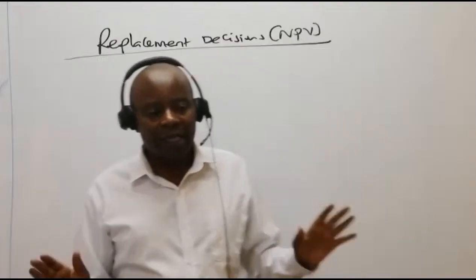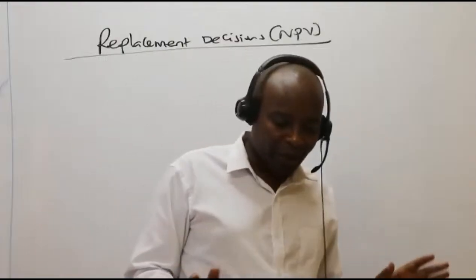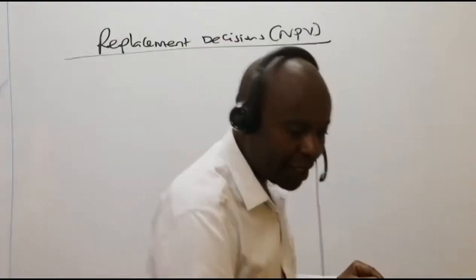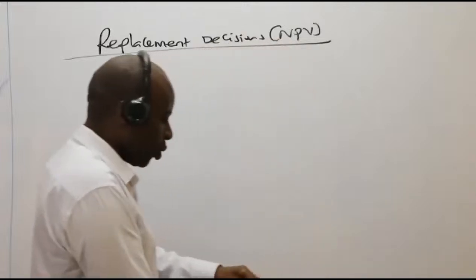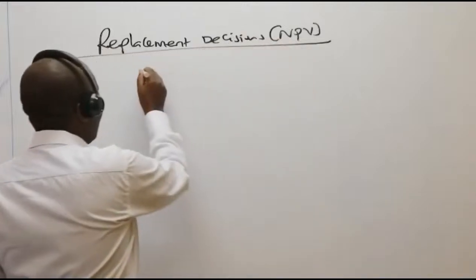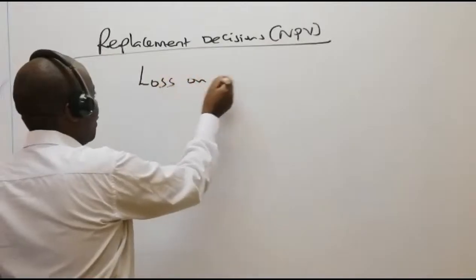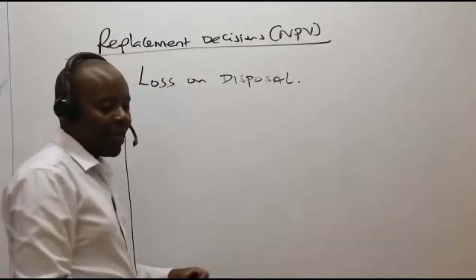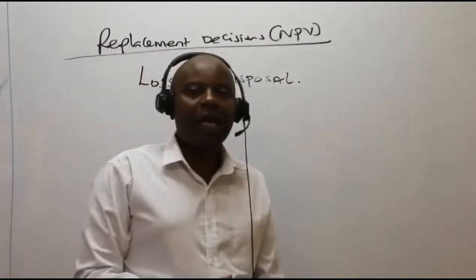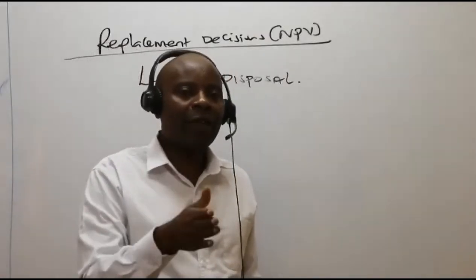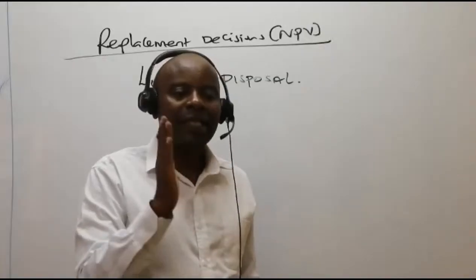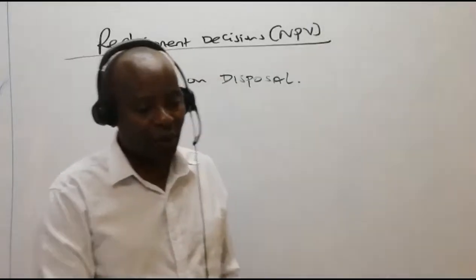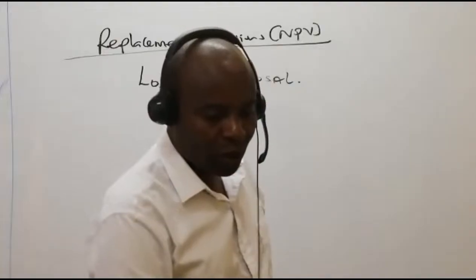And the very first thing we will do is to calculate the loss on disposal. I'm telling you, you buy a machine today, a 10-year-old machine, and then at the middle, year number 5, you start selling it, chances are you'll make a loss straight away. So what is the loss on disposal?